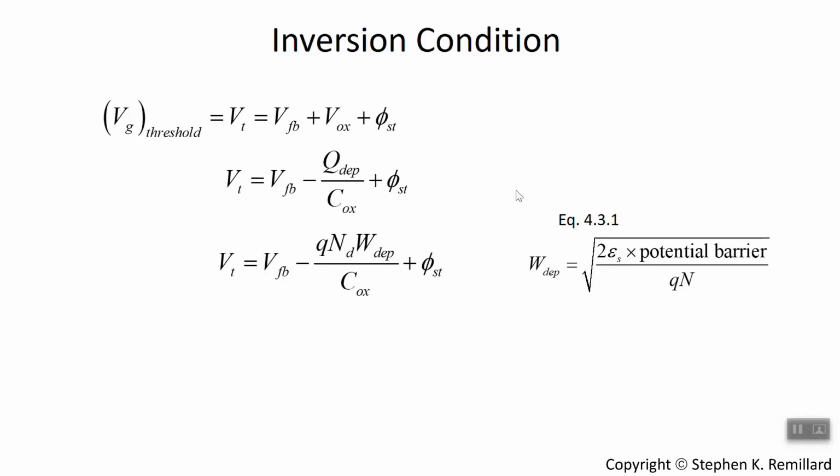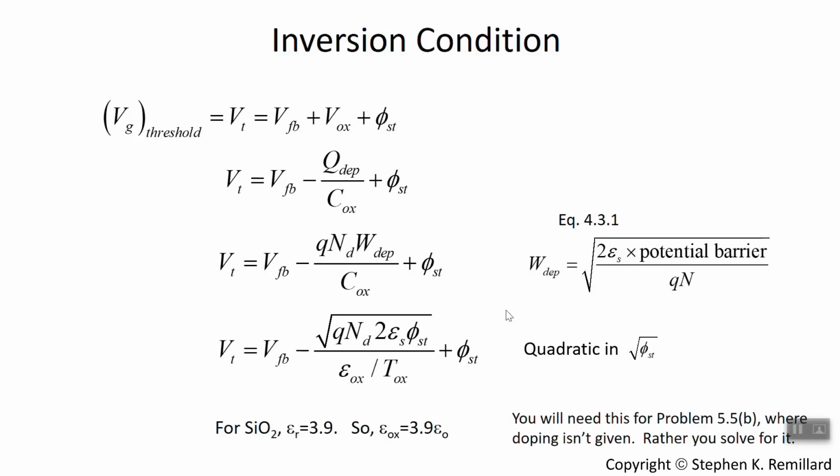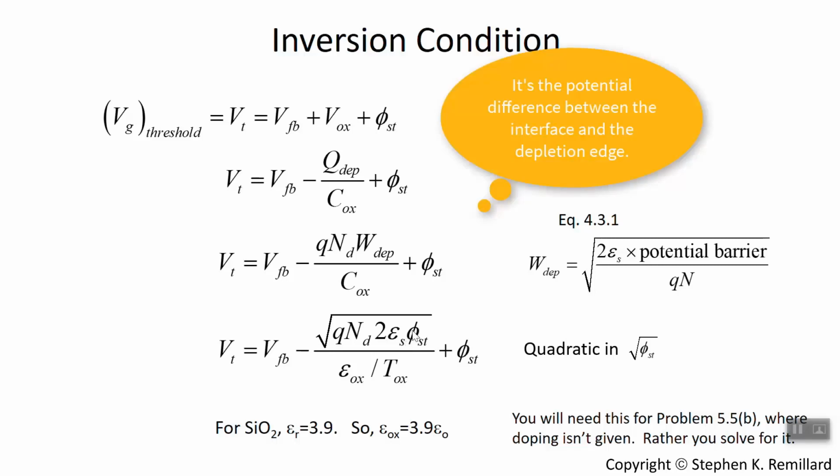We talked about this in a previous chapter, that the depletion region width is the square root of the dielectric constant times the potential barrier over the charge contained. We use that equation. So go ahead and put that in there, but what do you use for the potential barrier? Well, we'll use the surface potential at threshold because the surface potential is the voltage that we actually have. So I'm going to use that.